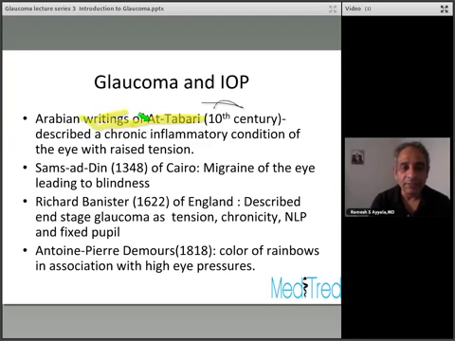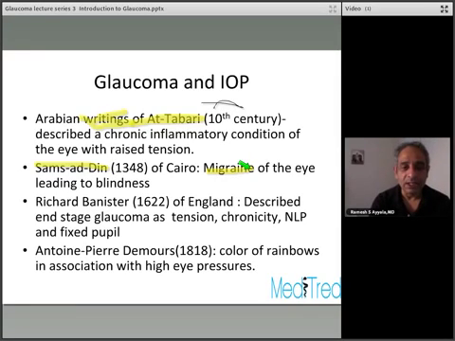And in 1348, this gentleman by the name of Samsadin, I think is the right way to say it, described migraine of the eye leading to blindness, and I have to assume that he means acute glaucoma when he describes migraine of the eye leading to blindness.